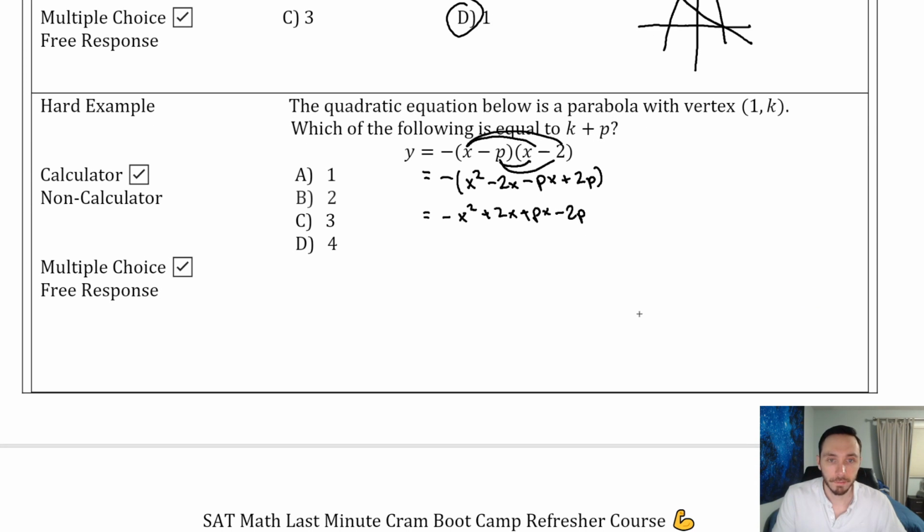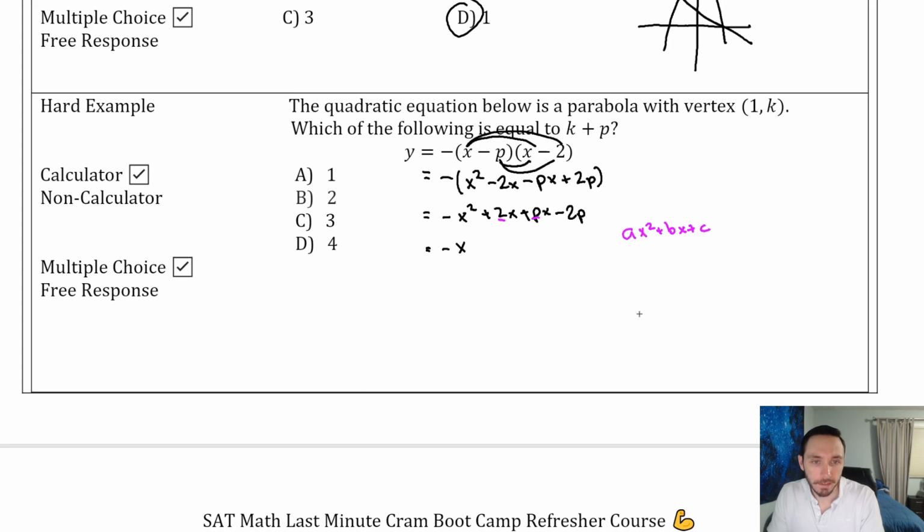And what else can come from this? I can get this into this ax squared plus bx plus c format, standard form, by kind of like factoring the 2 and the p here. Like factoring the x out. And I'll show what I mean by that.